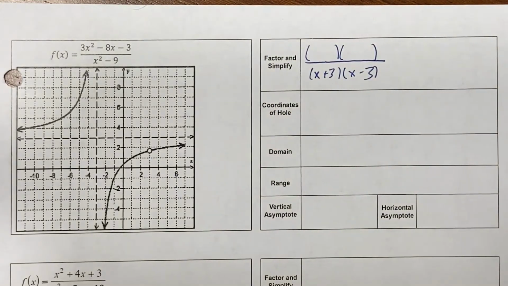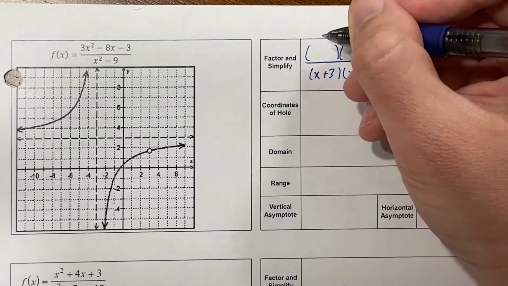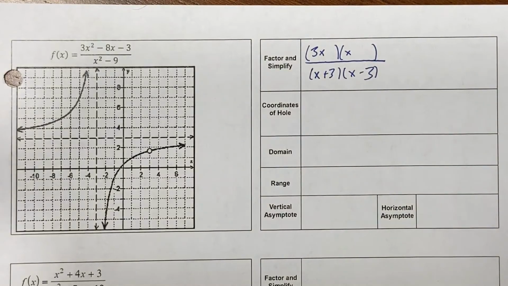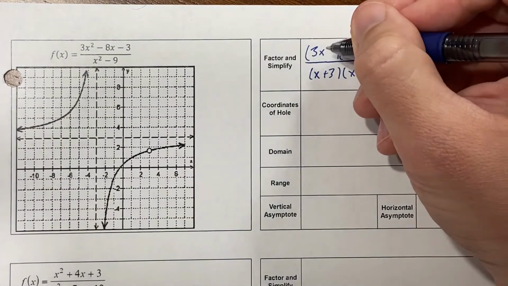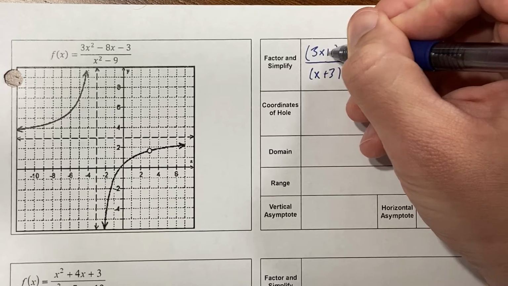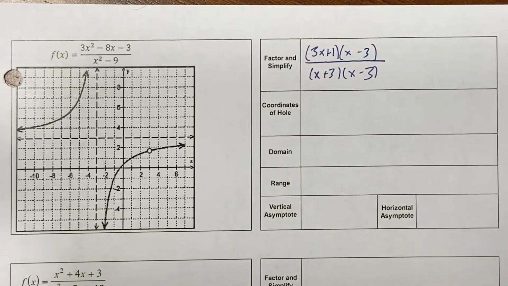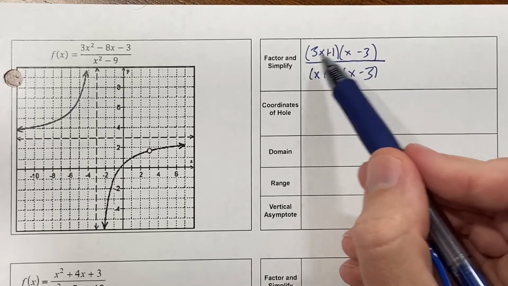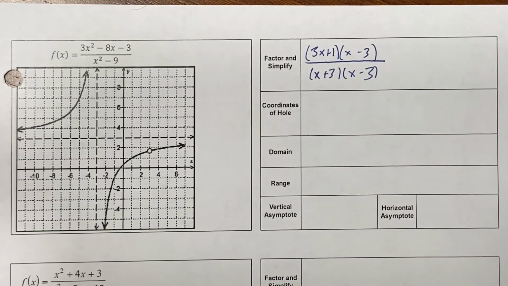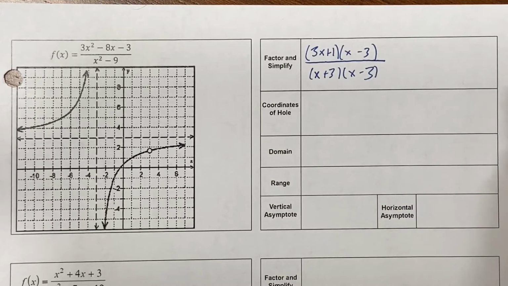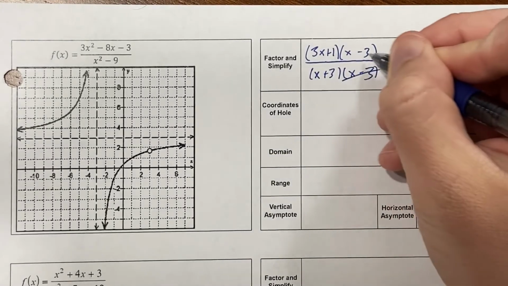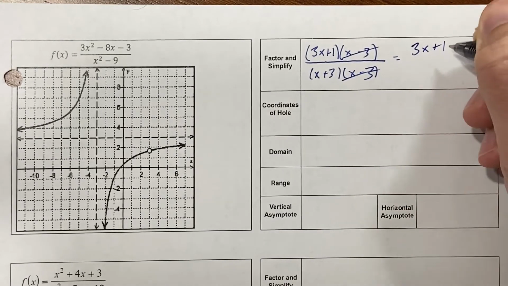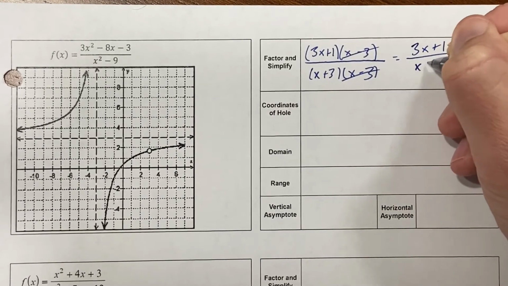I know that 3 is prime, so it's got to be 3x and x, and then I can guess and check. Negative 3, so plus 1, negative 3 maybe? Hopefully that works. I wrote in pen. 3x. Yeah, I think that works. So I can zap those two things. Pew, pew. Right, Summer? 3x plus 1, and then x plus 3.